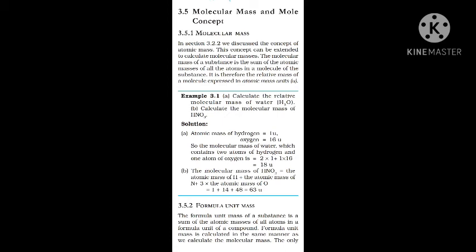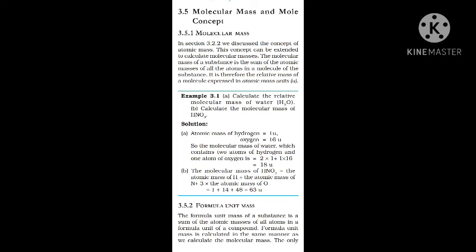B. The molecular mass of HNO3 is equal to the atomic mass of H plus the atomic mass of N plus 3 into atomic mass of O, which is equal to 1 plus 14 plus 48, which is equal to 63 u.